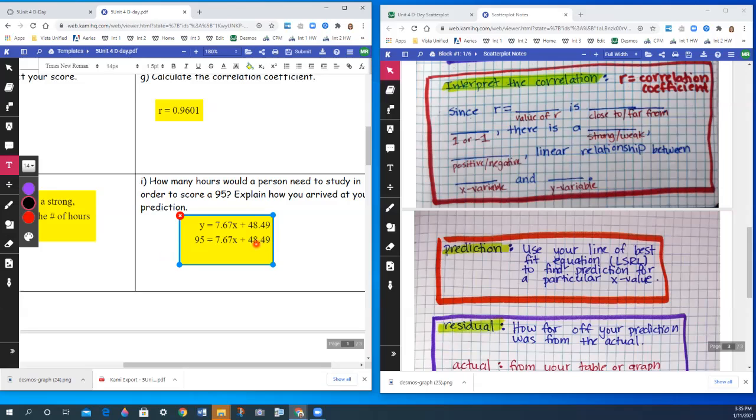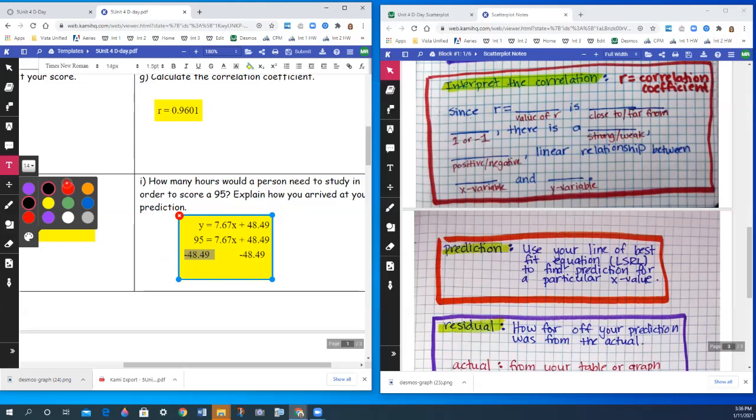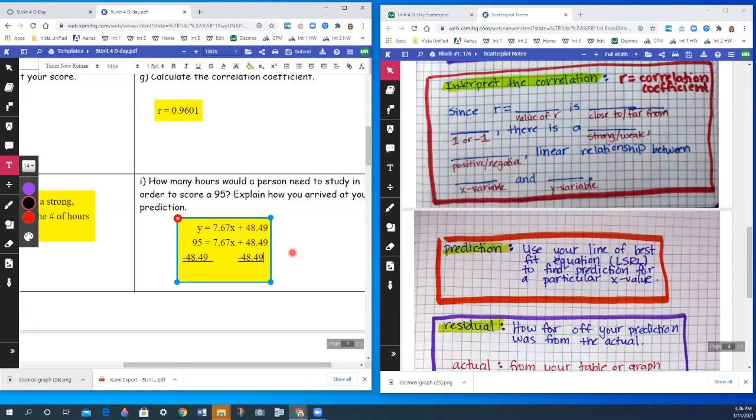So minus 48.49 here, and minus 48.49 here. I'm subtracting here, and I'm subtracting here. And then I'm going to do that math: 95 minus 48.49.